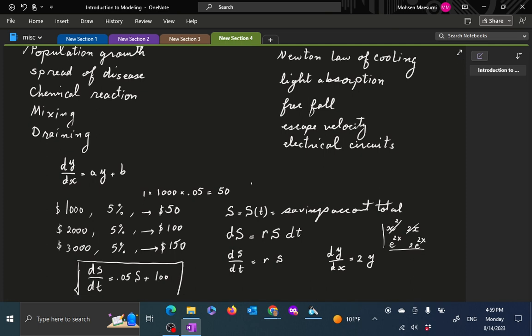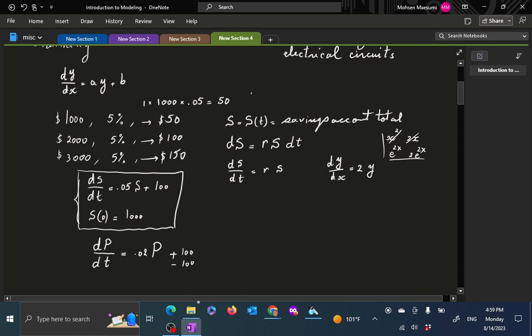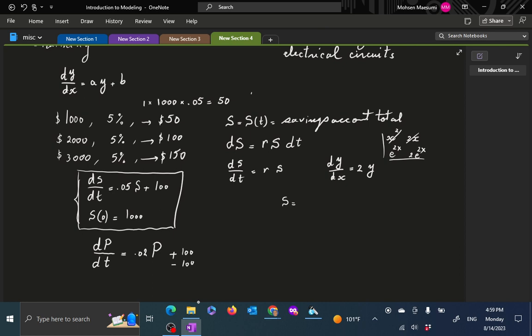So you have a sick population and you have a healthy population. So let S be the number of sick people. Previously S was our money, now S is how many people are sick. So dS/dt will represent how that population is going to change.